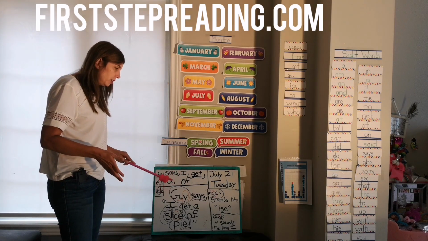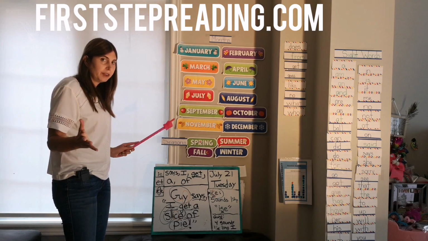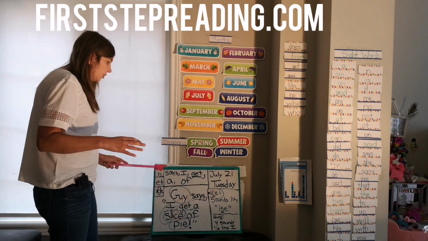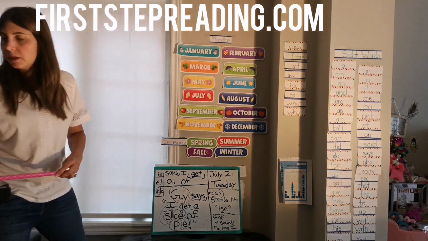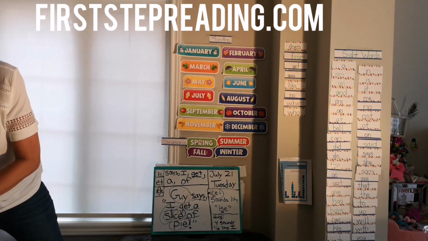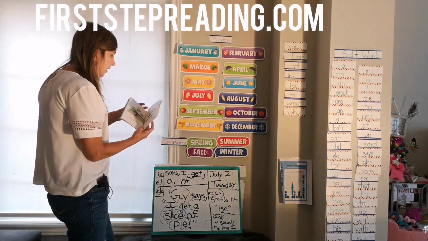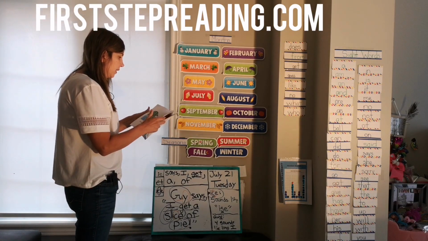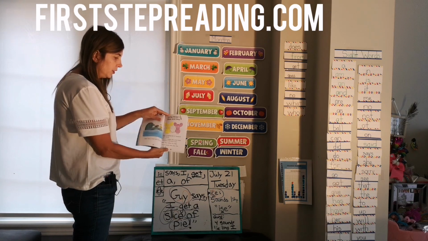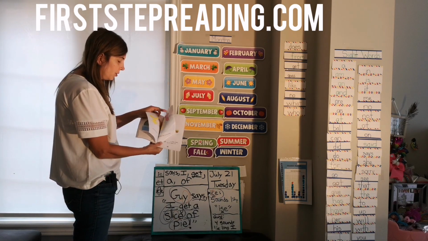So for language arts, I'll go over everything you need to practice. You're on long vowel I, so you can watch the videos. Let me get the book. You can read your long vowel I stories.